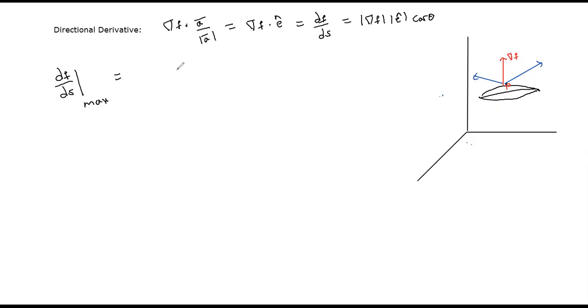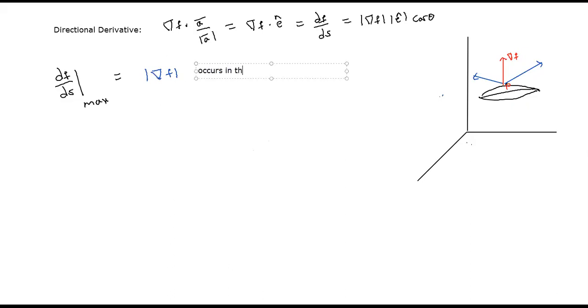So modulus of e bar is 1, and cos theta is 1 when theta equals 0. So the maximum value is modulus of del f. What can you say about this?